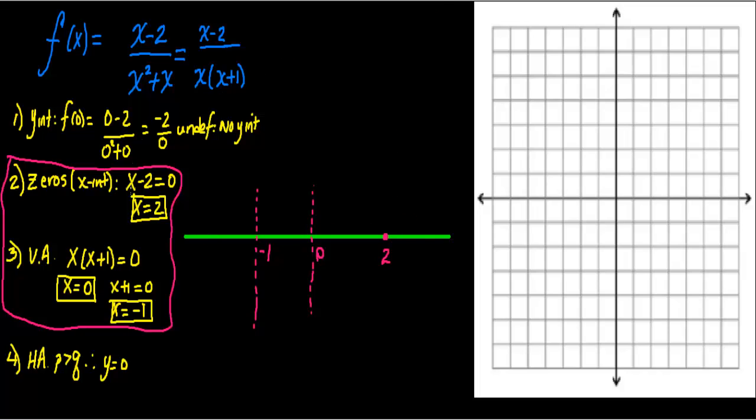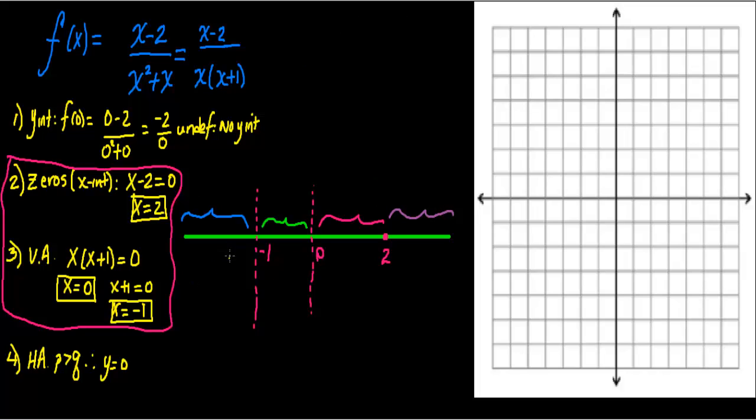Okay, so let's look at each region individually. From negative infinity all the way to negative 1, from negative 1 to 0, from 0 to 2, and from 2 to infinity.